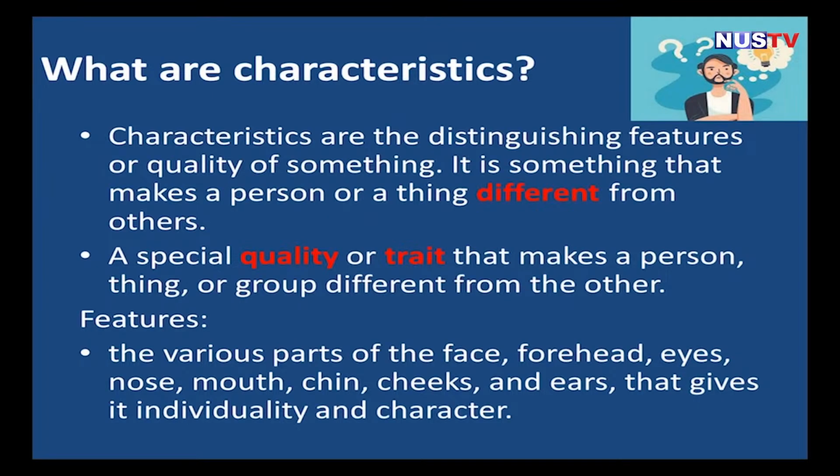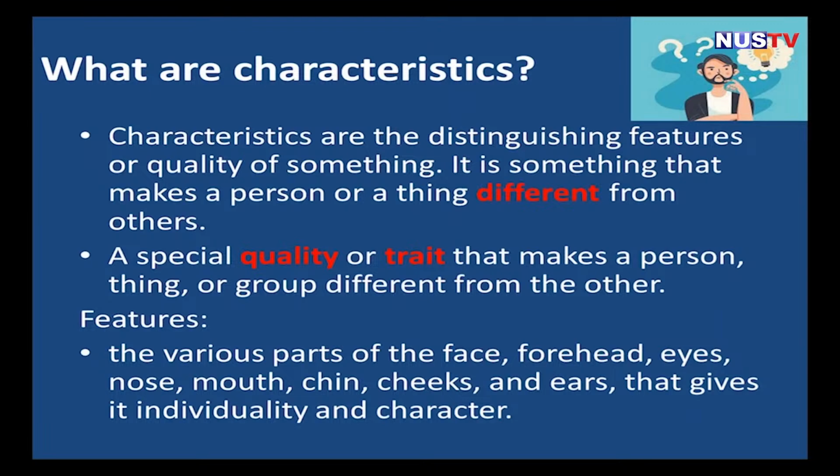So characteristics are distinguishing features or qualities of something. It is something that makes a person or thing different, or it can make an organism unique. A special quality or trait that makes a person or thing or group different from the other.